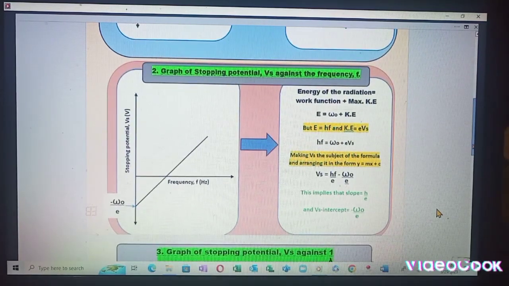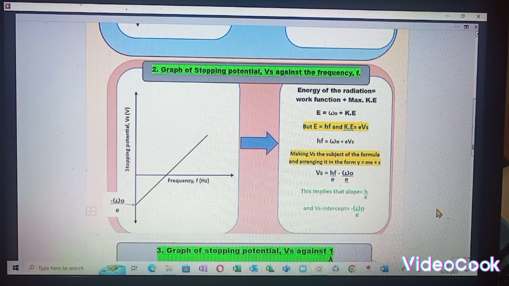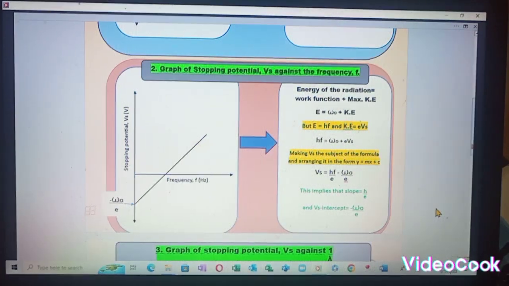I want us now to go to the second graph. That is the graph of stopping potential against the frequency.